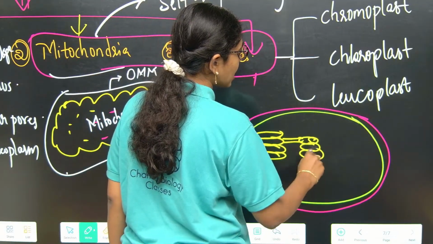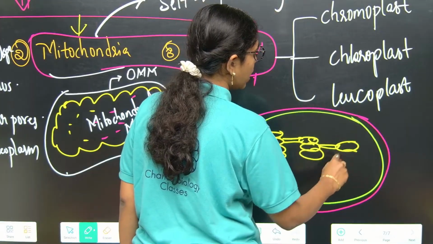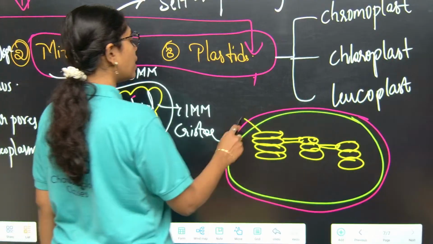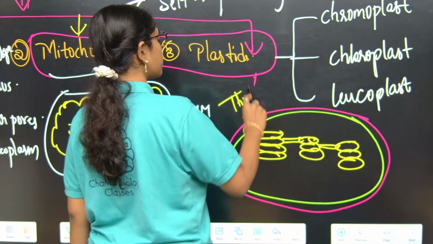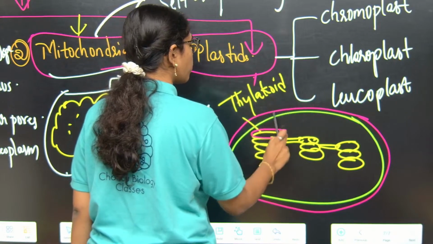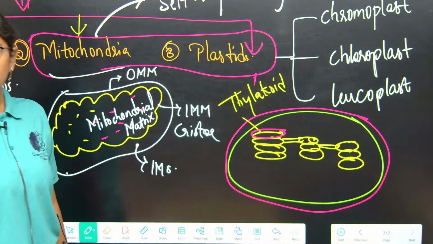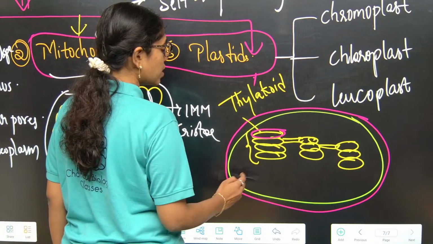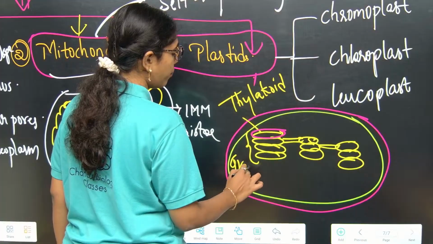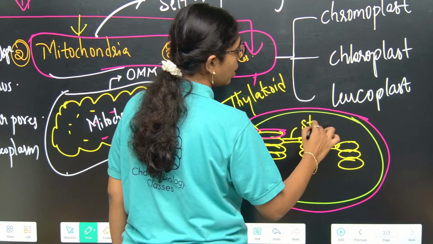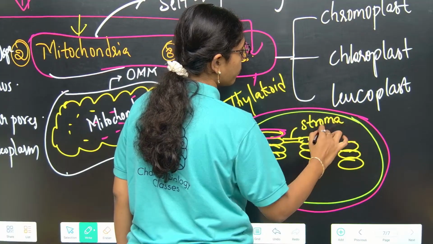One grana is connected to the other grana by stroma lamellae. The membrane of the thylakoid is called as thylakoid membrane or thylakoid lamellae. The stalk of this sac-like structure is what? Grana, and one grana is connected to the other by stroma lamellae.